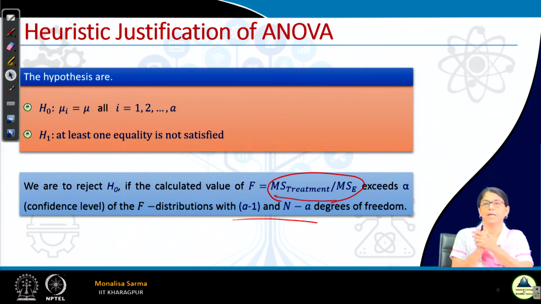Always the numerator will be MS treatment, because if there is any difference in the means, definitely MS treatment will be more. If there is no difference in the means, MS treatment will be almost similar to MSE, with of course a slight difference. So, we do not have to bother whether to put the bigger or smaller one. MS treatment will always be bigger or maybe similar to MSE. So, MS treatment is always put in the numerator.